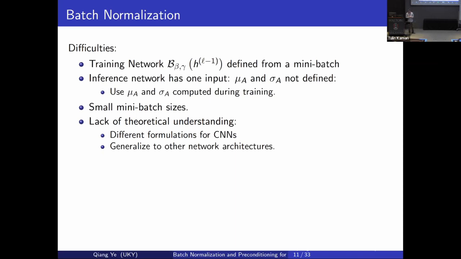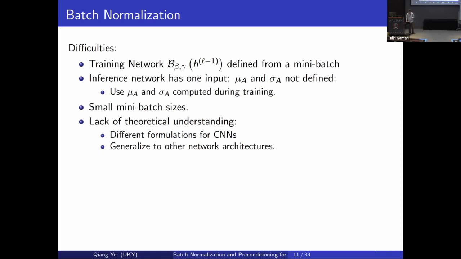Another thing is that batch normalization doesn't work well when you have a small mini batch size. The mini batch size is a hyperparameter. If the mini batch size is small, as you can imagine, it's very volatile.